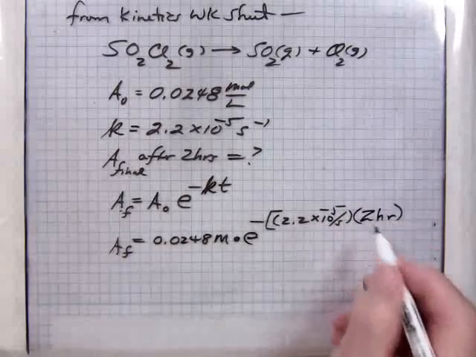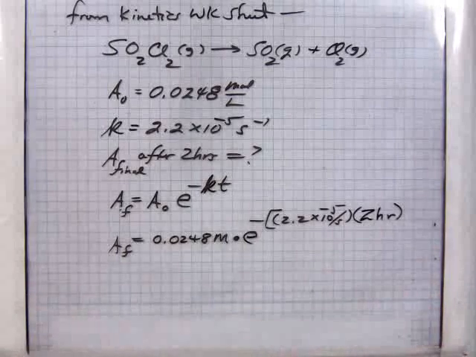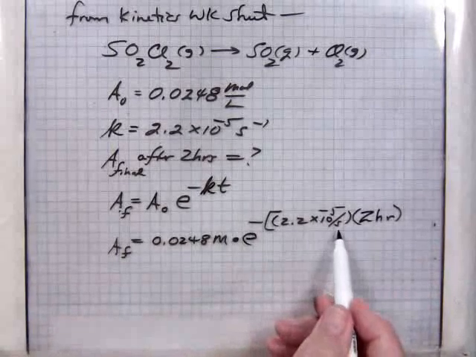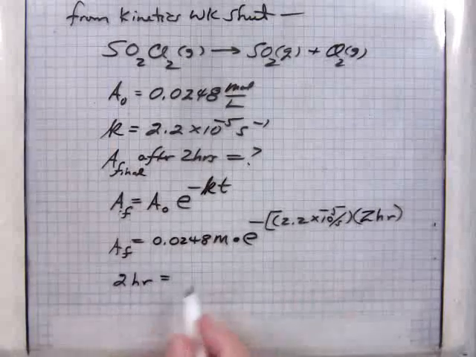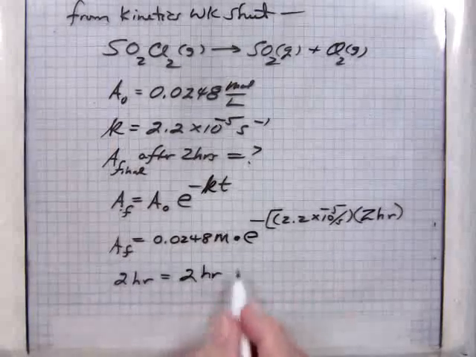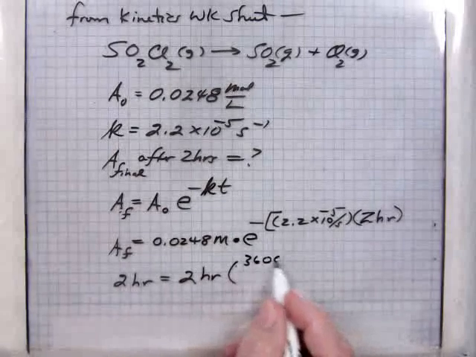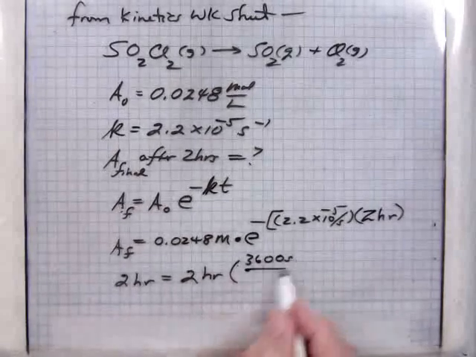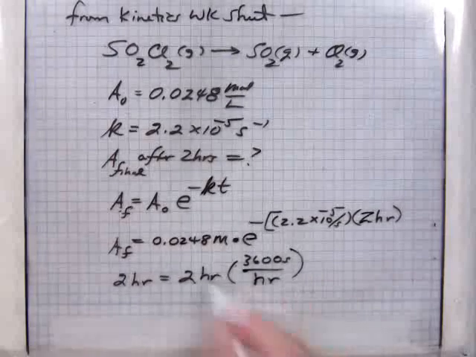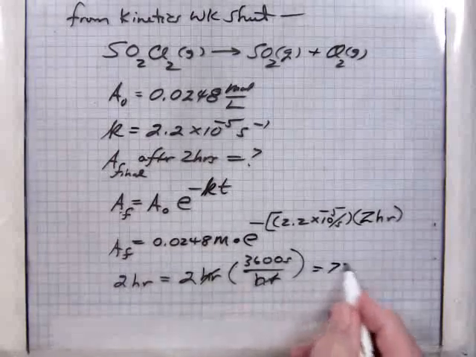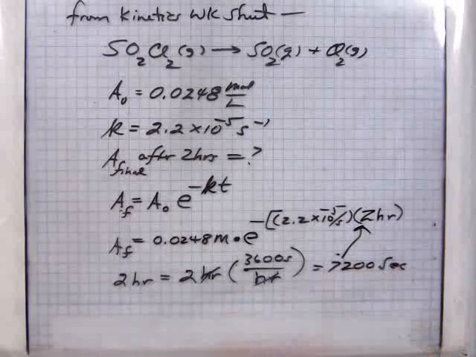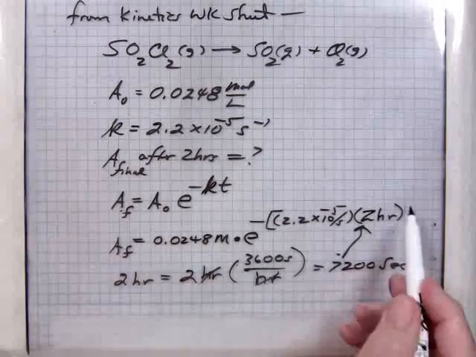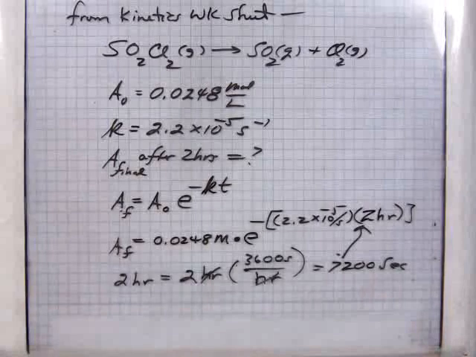Well, 2 hours can't be used here because your constant is in seconds. So 2 hours is equal to 2 hours times 3,600 seconds per hour. Hours drop out, 7,200 seconds. So this needs to be substituted in there because the rate constant is in seconds also.